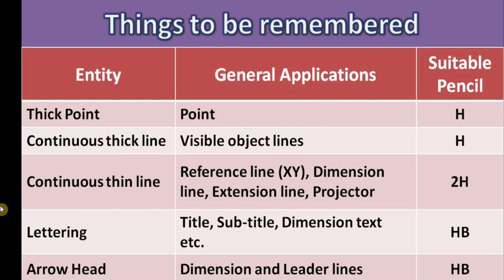In short, thick lines are used to represent the object and those lines must be drawn with an H pencil. In this topic, the projections of the line are considered as the objects. That is, you have to use thick lines only to draw the front view and top view of the given line. All the other lines in the drawing should be thin and drawn with a 2H pencil.